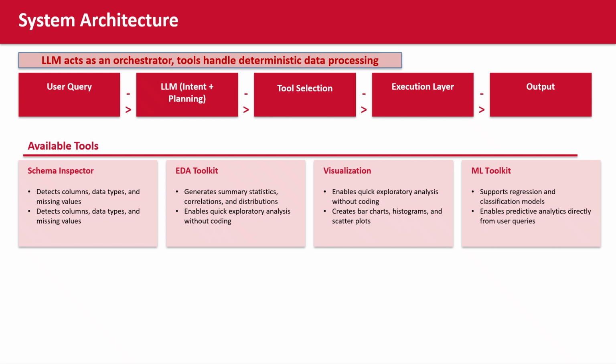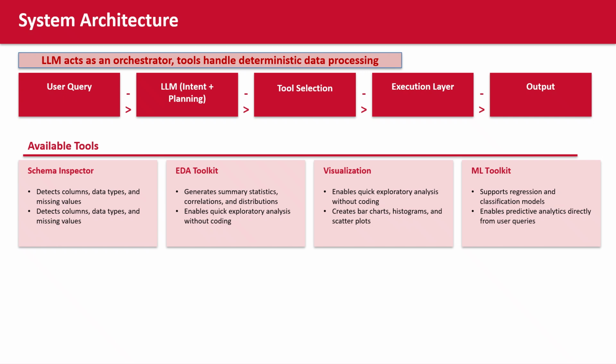Then the EDA toolkit generates summary statistics, correlation metrics, and distribution analysis. It's very small, but it could do minimum work for you, like inspecting data types, checking column names, whether they are uppercase or lowercase, and other small EDA tasks.